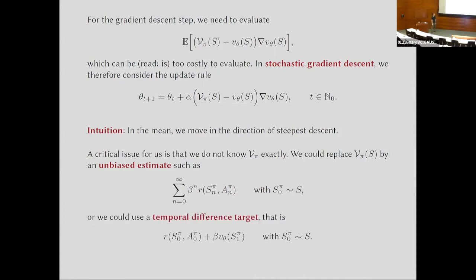And an estimate for that, as we learned yesterday, temporal difference learning, is you take the first reward and then the rest of the series you approximate by beta times your old estimate for that next state. And here's where you have to be careful, because this is now a biased estimate.